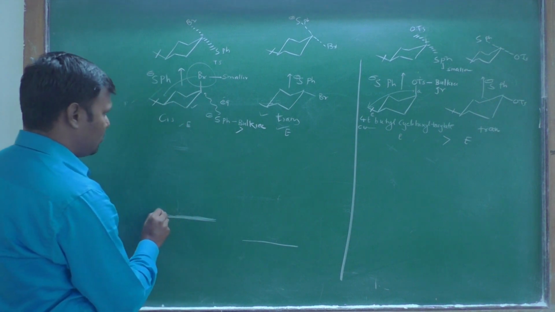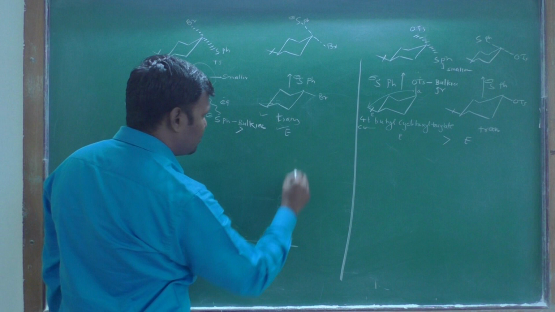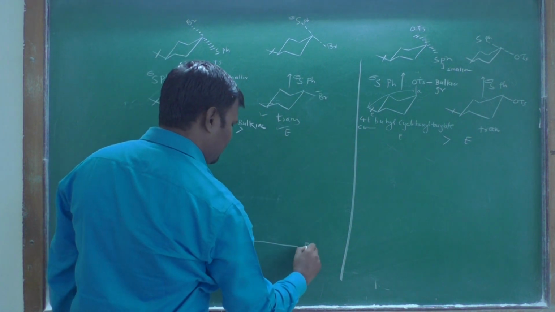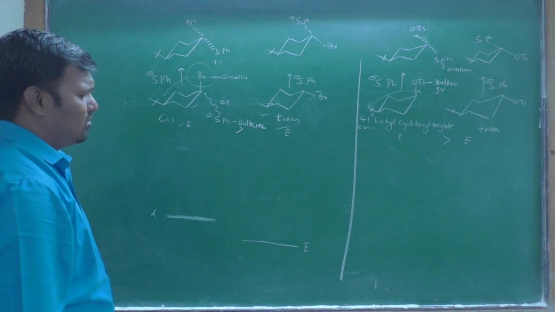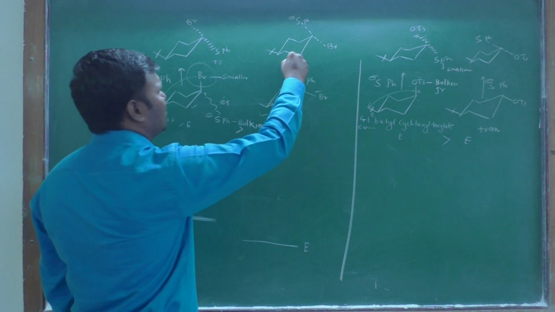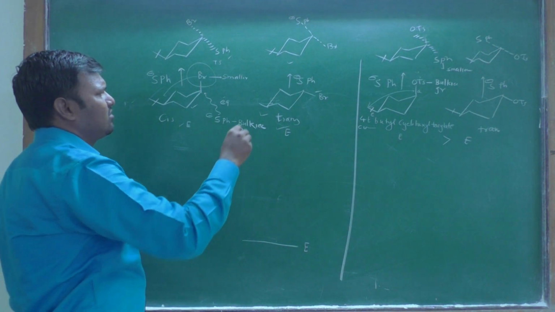Therefore this is our axial substituent and this is our equatorial, and we give them the names ground state A and E. Now consider the transition state.